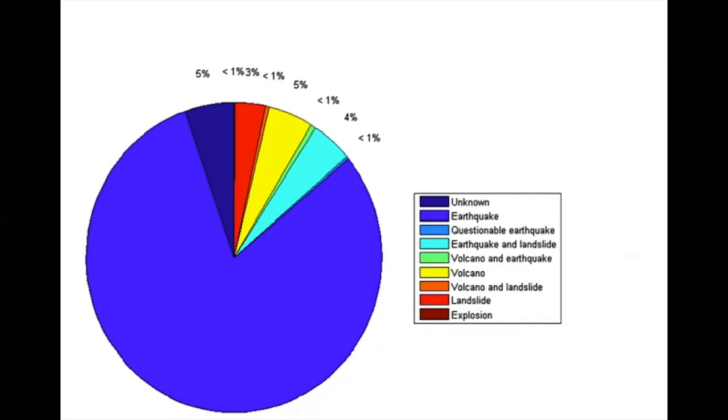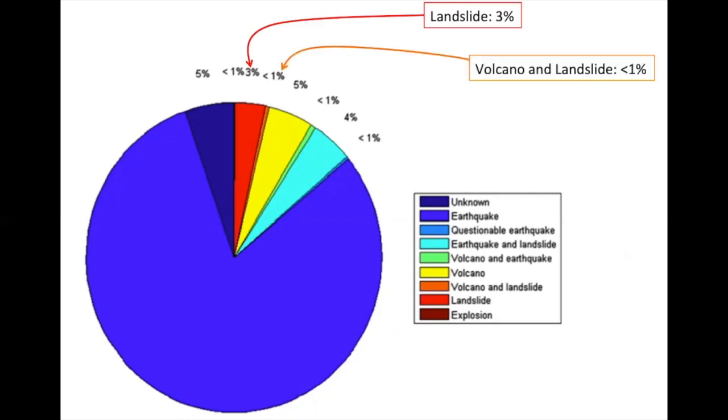According to the 2013 data of the NOAA NGDC, landslides alone cause only 3% of tsunamis, and landslides in combination with volcanoes and earthquakes cause less than 5%. So, as we understand it today, landslides are a major contributor to only about 8% of tsunamis.